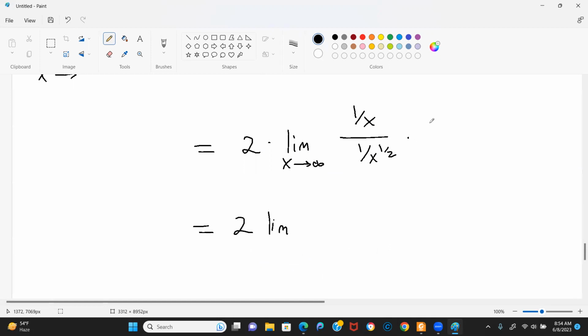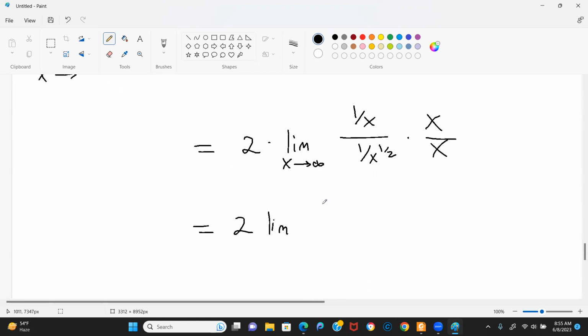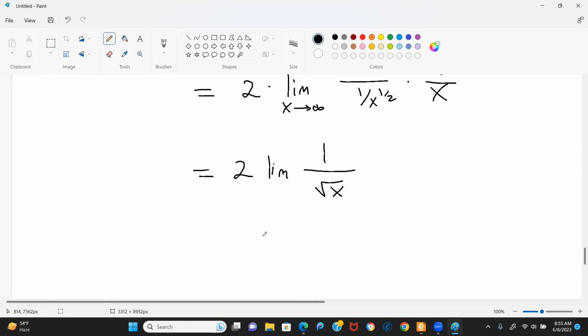You could multiply the top and the bottom by x, and that would cancel the x in the numerator. In the denominator, wait, did I do this right? Oh, sorry, something's not quite right. Oh yeah, it'll be square root of x. So in the denominator will be square root of x. And sorry, we're taking the limit as x goes to infinity.